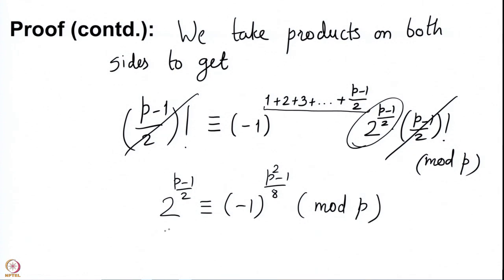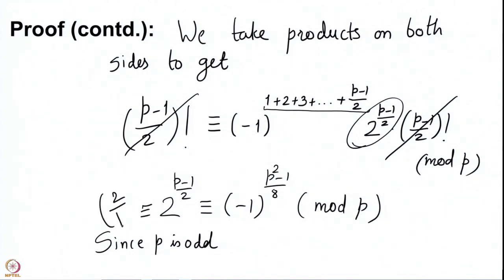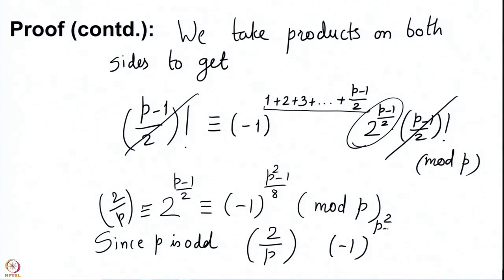but since both sides are plus or minus 1 and p is odd, this is equal to the Legendre symbol (2/p), and we get an equality between (2/p) and minus 1 to the power (p squared minus 1)/8.